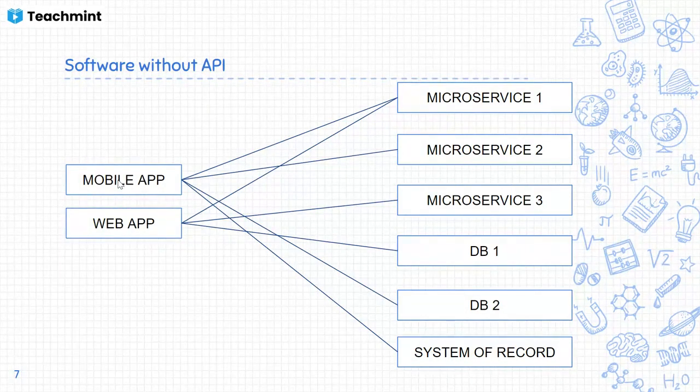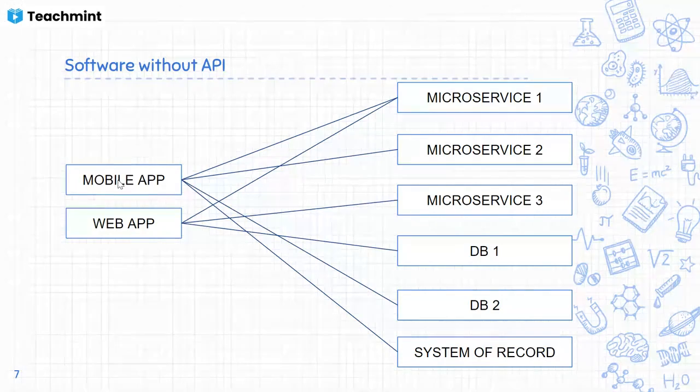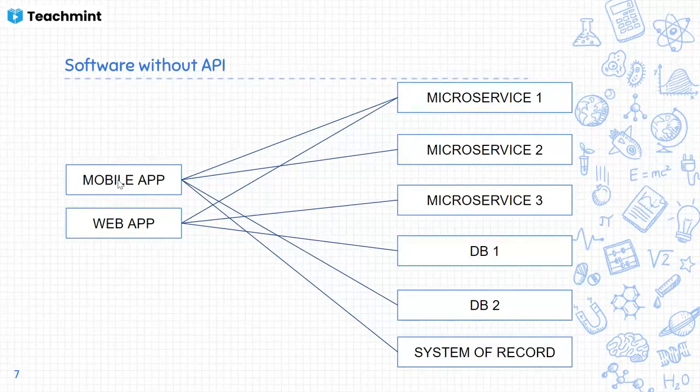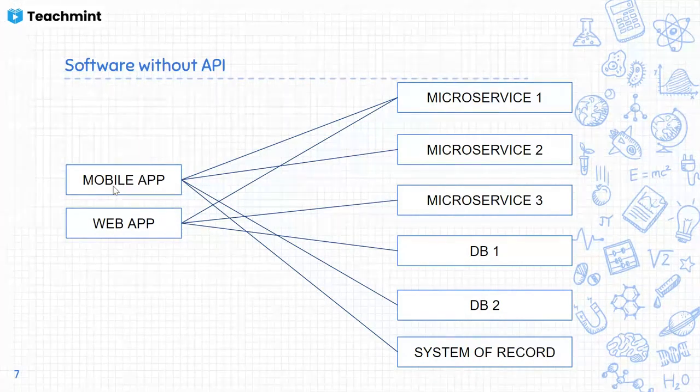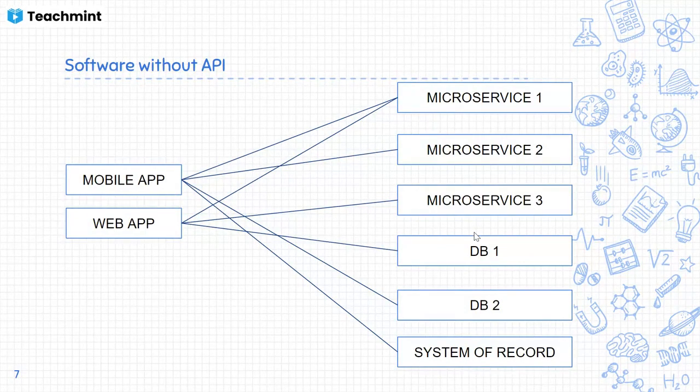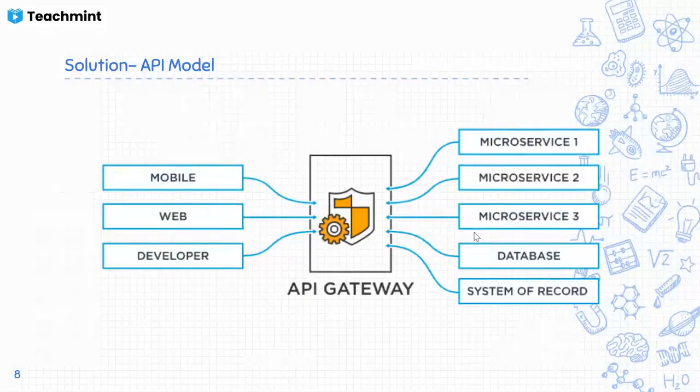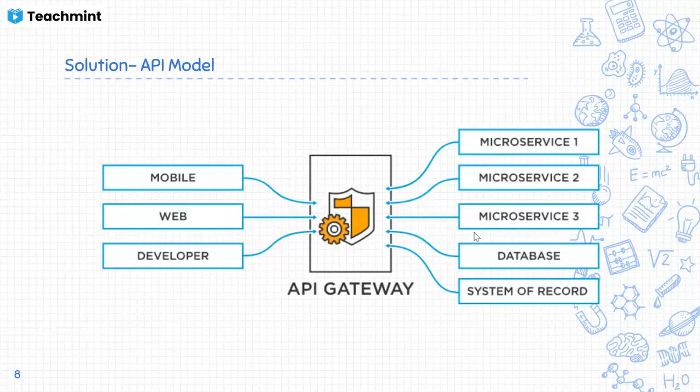If I want to be a Java developer and create one complete application, then I have to be aware of so many technologies. So instead of concentrating on the business of the application, I have to concentrate more on the communication. So to simplify this process, they found one of the easiest ways called the API model, right? So this is the simplest model.